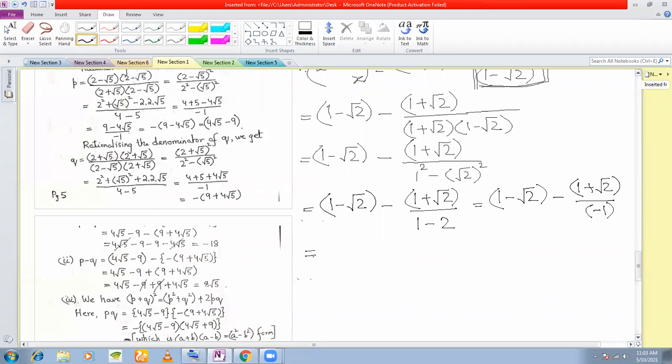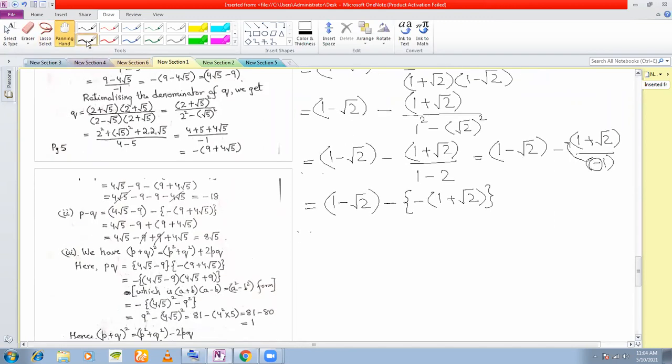Right? So you have a negative sign in the denominator. So you take that negative sign in the numerator. First part you write as it is, and you have a minus after that. You give a curly bracket. Because you have a negative sign in the denominator, you are taking it to the numerator. You have minus 1 plus root 2. A negative sign in a fraction, whether you write it in the denominator or the numerator, is the same thing. Okay, so I simply carried the negative sign from the denominator to the numerator.